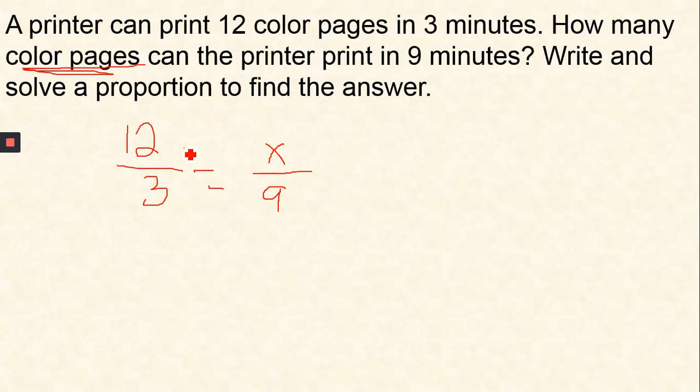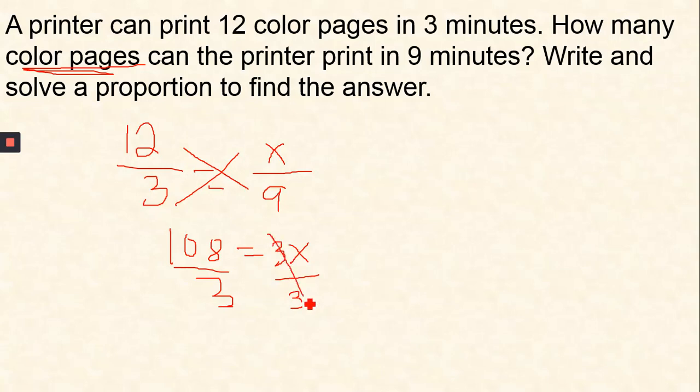Okay? So you have 12 times 9, that is 108, equals 3 times x, that is 3x. Then after that, you're going to divide both sides of the equation by 3. So 3 divided by 3, that is 1.